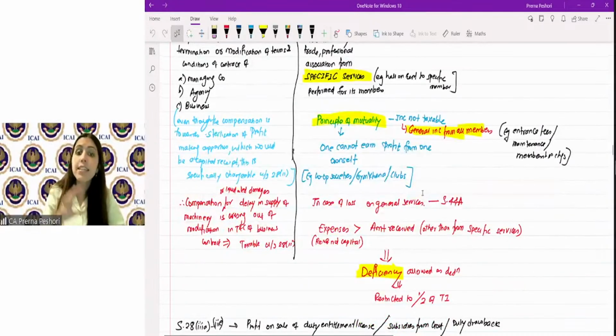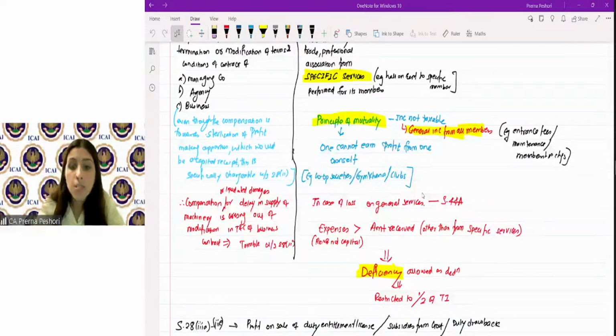So in case there is a deficiency arising on the provision of general services, which ideally should not be allowed, but a specific provision is created which says if the expenses are greater than the amount received, the revenue expenditure, not the capital expenditure, on general services like the entrance fee, maintenance, all of that, then the deficiency is allowed as a deduction, which is restricted to half of the total income.